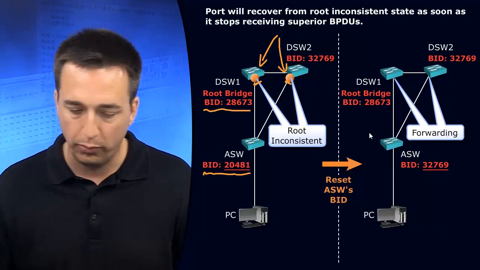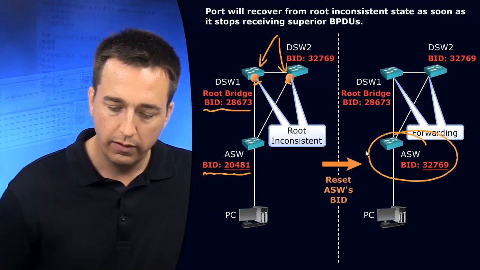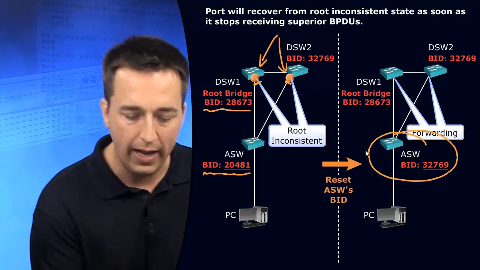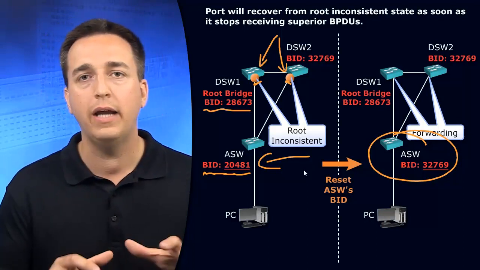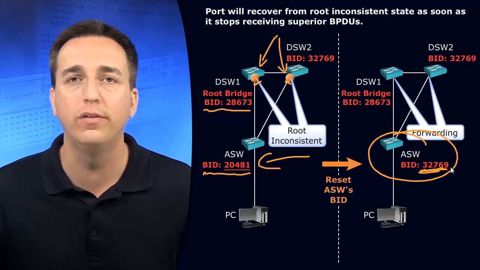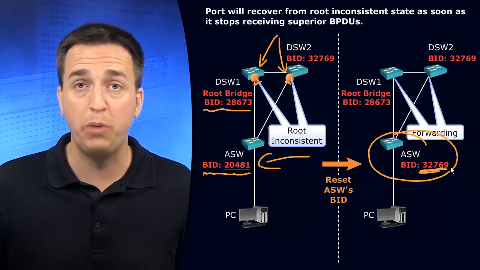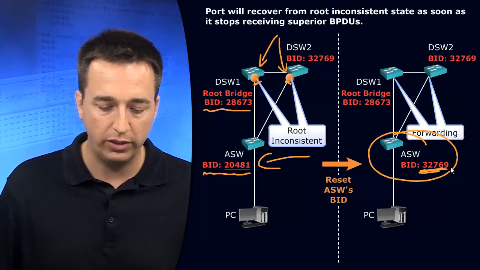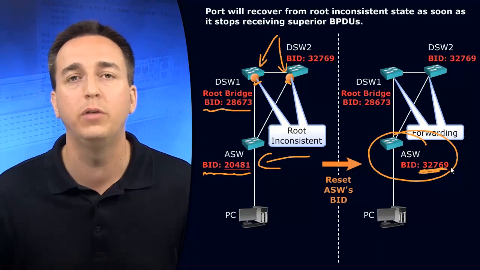So in this example here, it's simply the fact that ASW had a better bridge ID. So it's a matter of going to ASW and changing its bridge ID back to whatever the default value is, or back to whatever it's supposed to be set at if it has been manually changed within the environment to a different value. So just simply reset ASW's bridge ID.